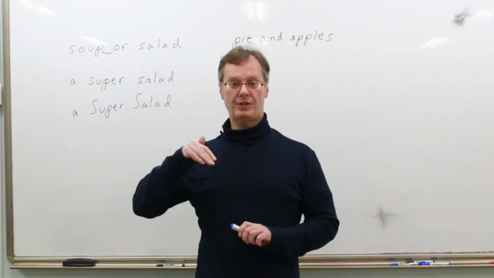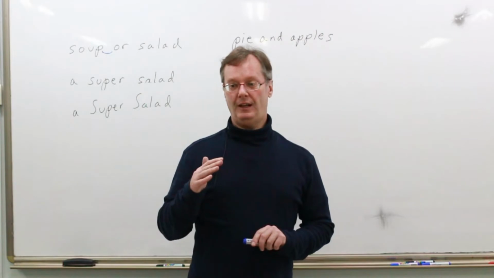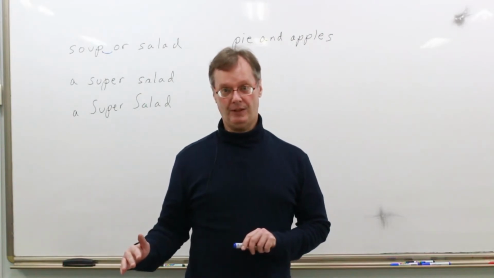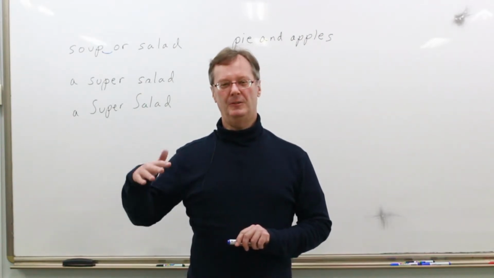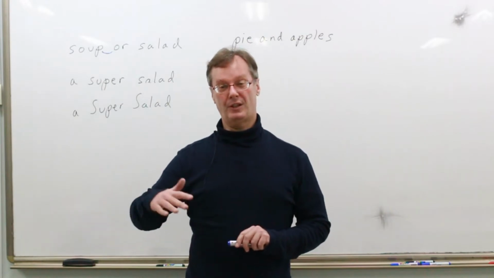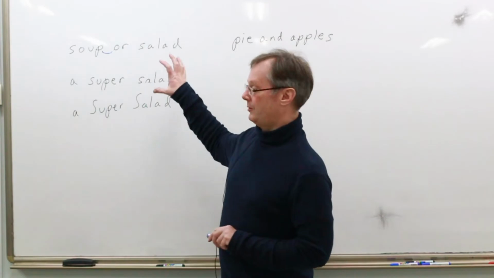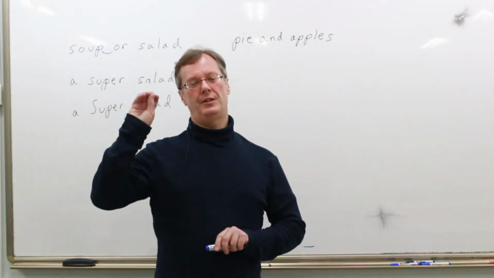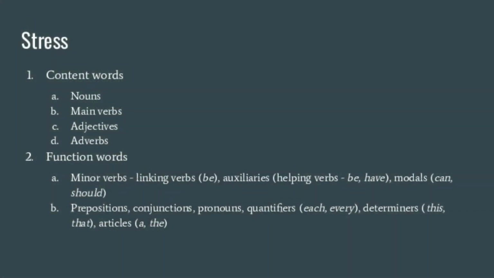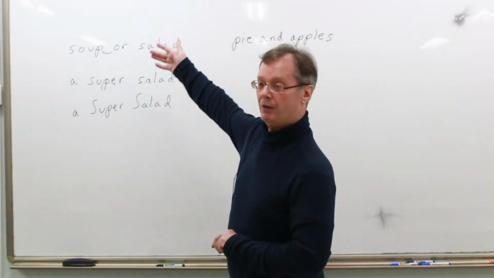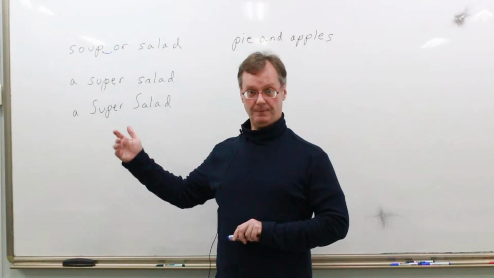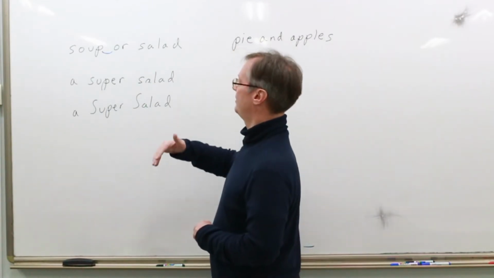Those minor words are often very light and don't have a stress at all. Some two-syllable minor words like "although" might have a slight or minor stress, but it's your content words, your main words like nouns and verbs and adjectives, that really carry the main stress in English. So every noun, for example, has a main stress, and that's important.